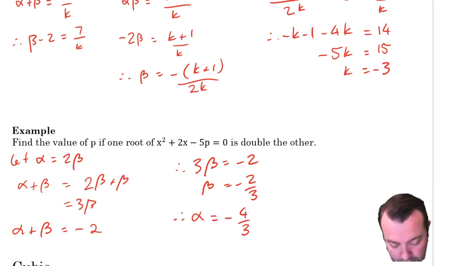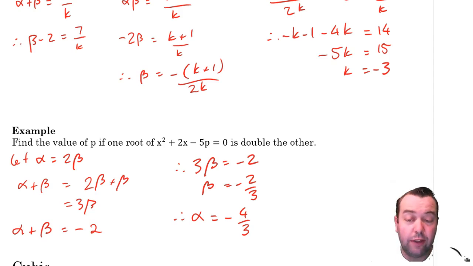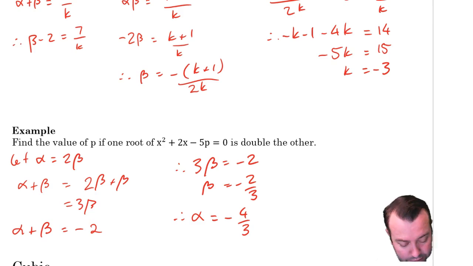Alpha times beta is the same as 2 beta squared, and equals c over a, but really we're just going to end up with the same answer there, negative 4 over 3. Now that would be all well and good if we were asked to find the roots, but we're not. We're asked to find the value of p, which as yet is unsolved.